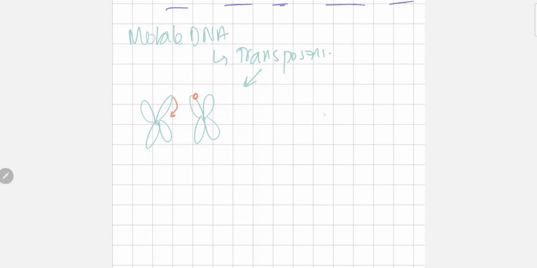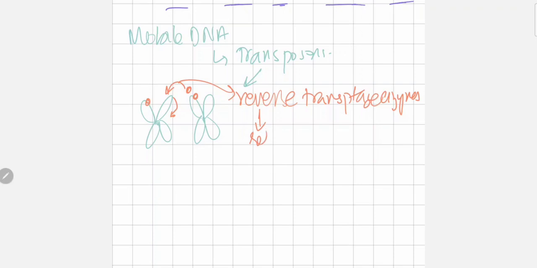But some transposons will replicate themselves and sit there and then send the other one somewhere else. These use reverse transcriptase enzymes, and these are called retrotransposons.